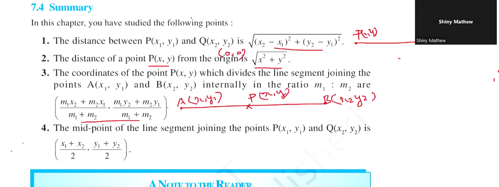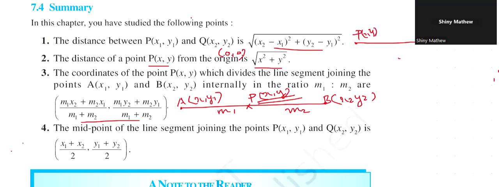That means the distance from A to P we can take as m1 and the second, P to B, that is m2. So the ratio is m1 is to m2. So we can find the coordinate of this P by using this formula: m1 x2 plus m2 x1 by m1 plus m2 and m1 y2 plus m2 y1 by m1 plus m2.